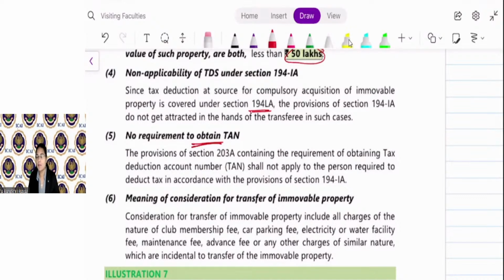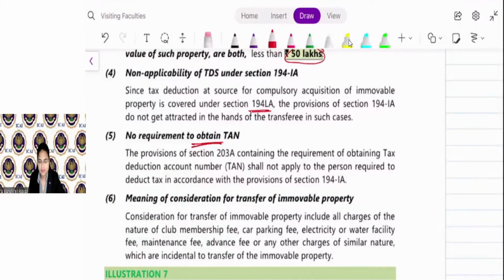So you have to obtain TAN and on the basis of your TAN, you are able to file your TDS returns. But if you are deducting TDS under section 194IA, then the requirement for obtaining TAN, that is tax deduction account number, is not required.